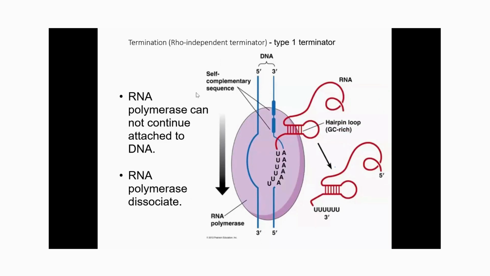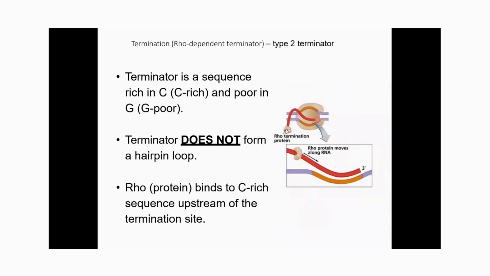Now the second kind of termination we are going to see is the rho dependent termination. Here the rho protein is important. The rho protein plays an important role in the second type of termination, and this rho protein is a hexameric protein that binds to the RNA molecule and travels along the RNA molecule towards the termination sequences, as shown in this figure.